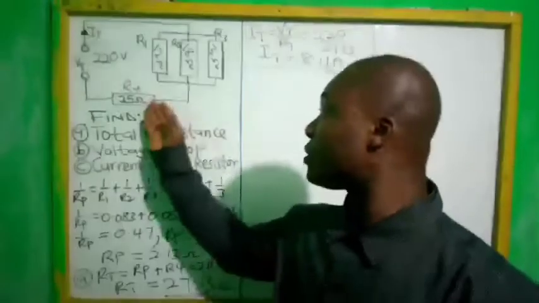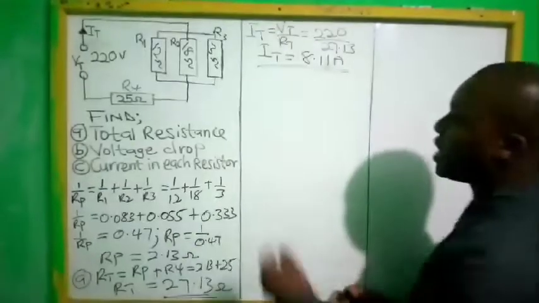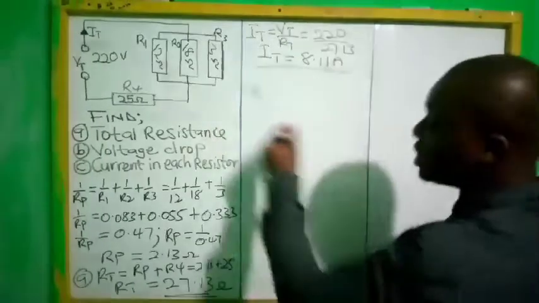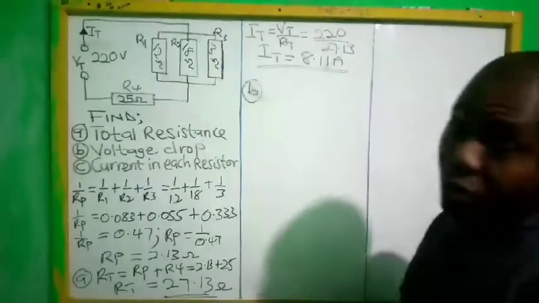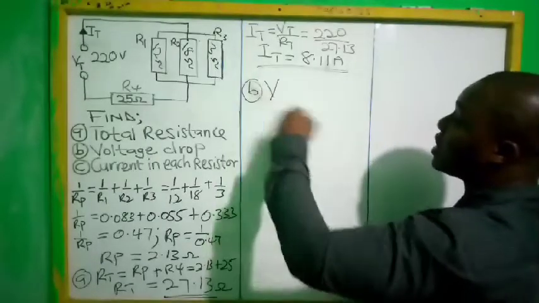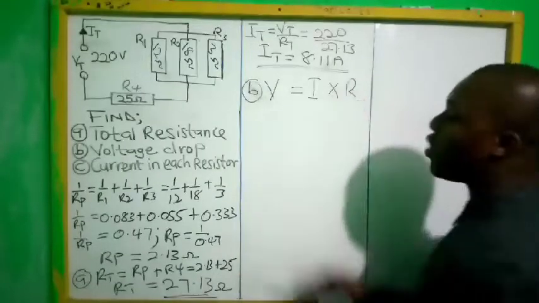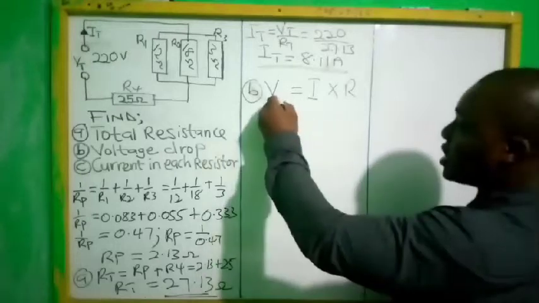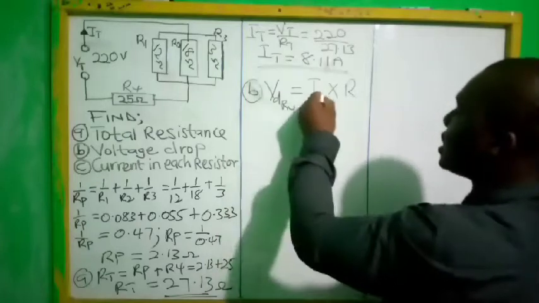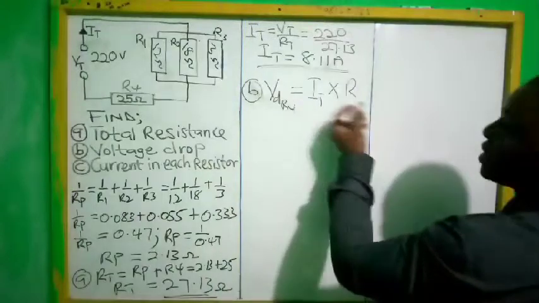Now in a series circuit, the same amount of current flows through. They have asked us to find the voltage drop, B. Because the same amount of current flows in the 25 ohm resistor, and we know the formula for finding voltage is current times R, this is the voltage drop in R4.